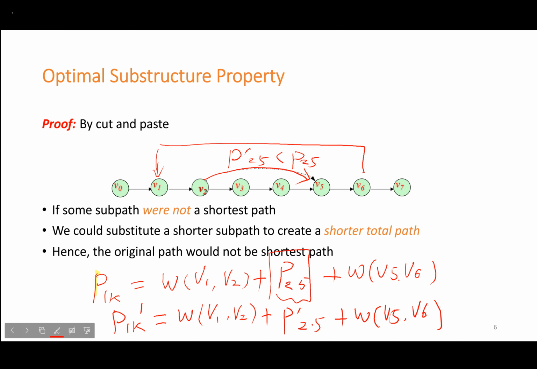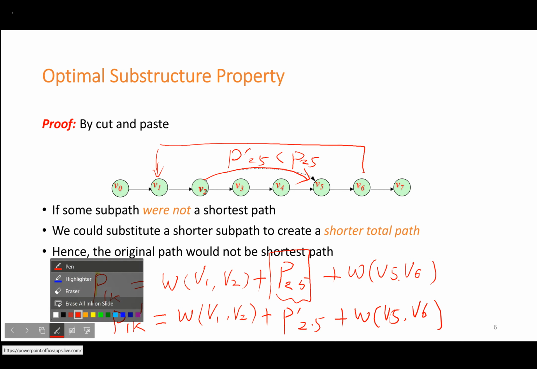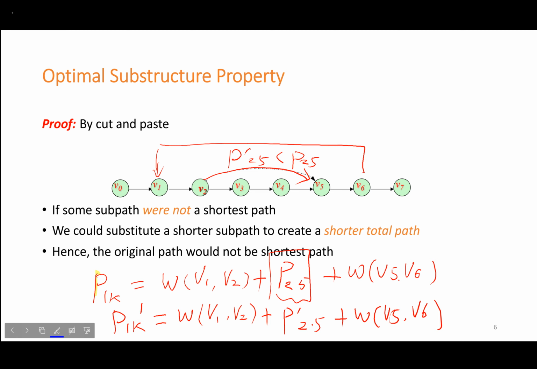Since P'25 is smaller than P25, P1k is also larger than P'1k. This is the contradiction: we already claimed it is the shortest path weight, but later you find an even better path. In that case, this conflicts with the assumption.